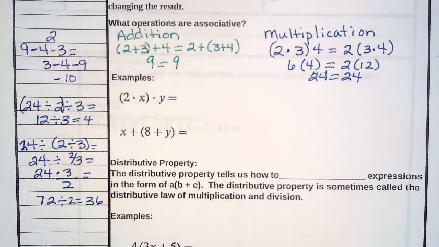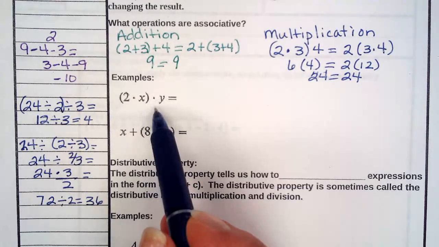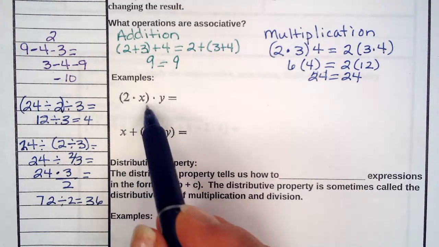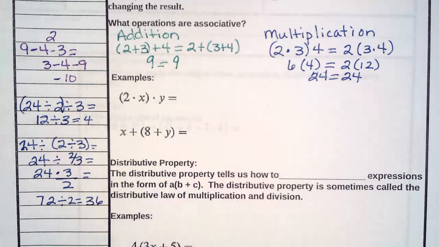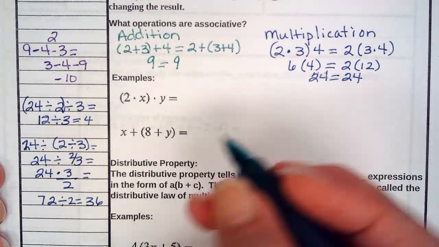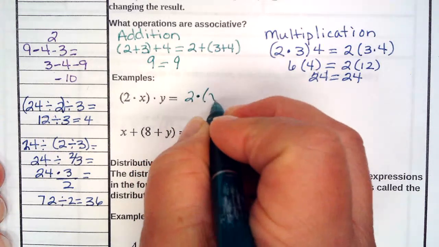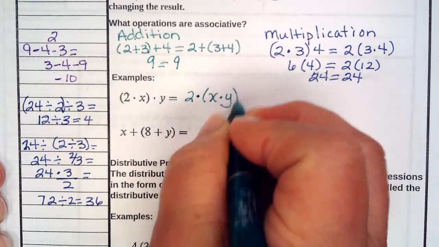Let's fill them out. How do we change this? How do we show this associative property with the quantity of 2 times x times y? What does it look like as you change the grouping? Pause the video now and see if you can do that. Well, it becomes 2 times the quantity x times y.